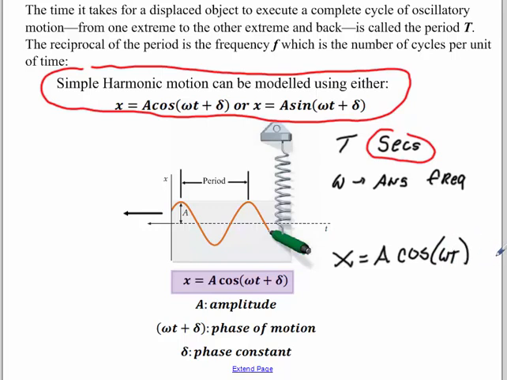If you can keep it simple like that, it's going to be much easier to set up. Again, it can be modeled with a sine function, but remember, if you pull it back at time equals 0 and you need maximum displacement, then you're going to be pi over 2 out of phase.